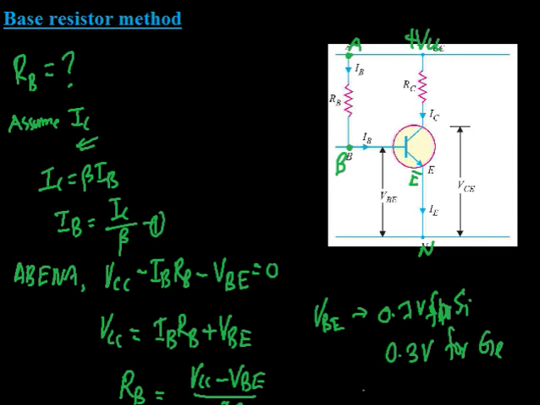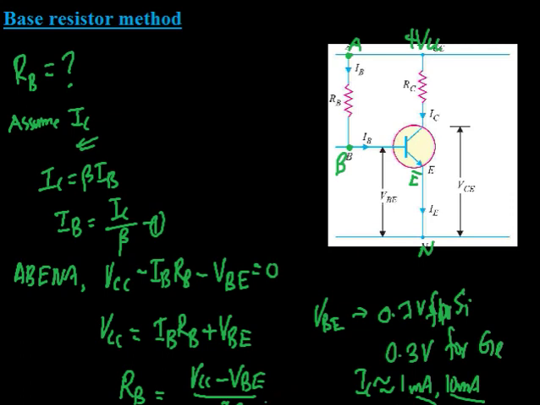The value of beta is also provided by the transistor manufacturers, or we can find it out by using a multimeter, and IC is the value of the current which we will determine depending upon the value of the input signal we are using. Usually we will take this IC for practical purposes as 1 milliampere or 10 milliampere depending upon the circuit you are using.